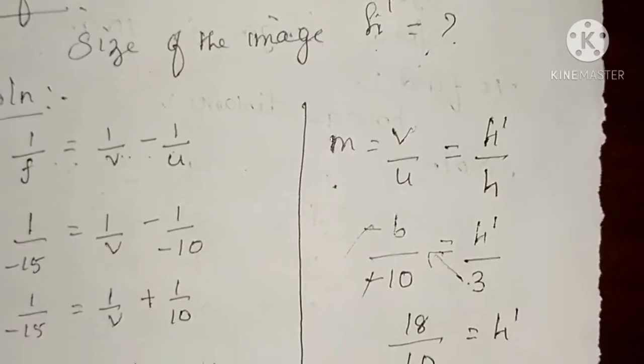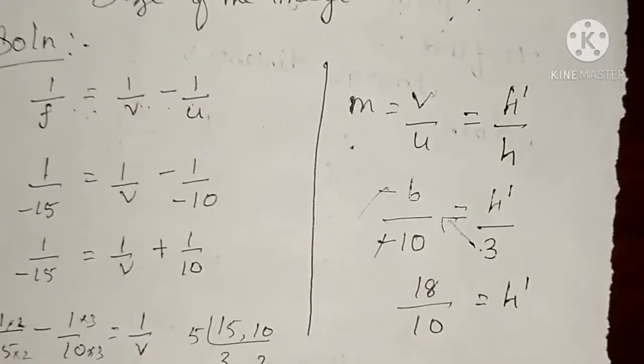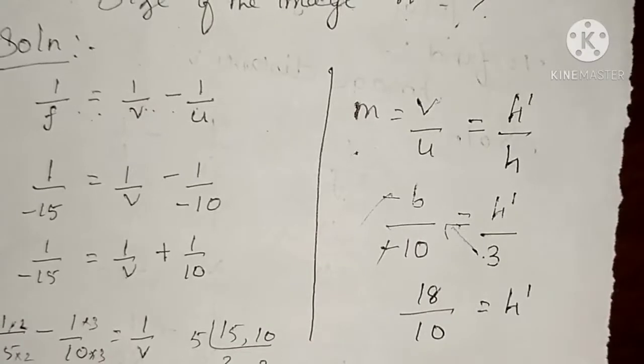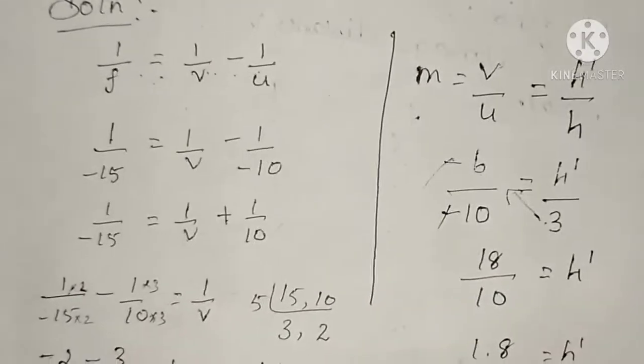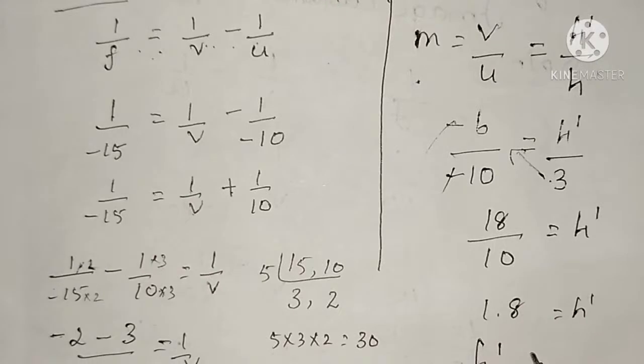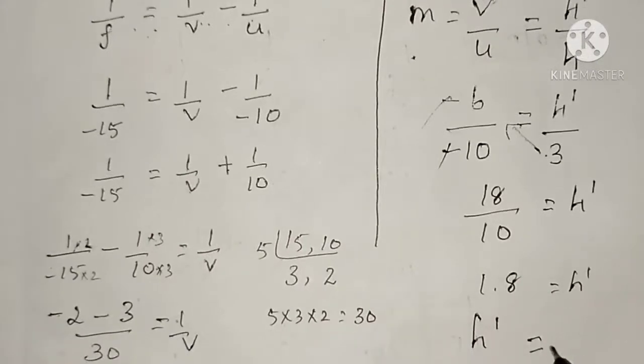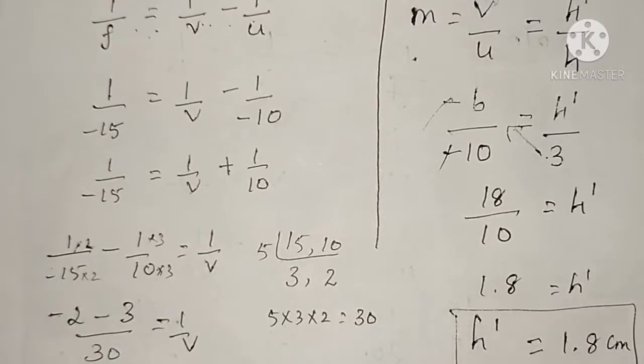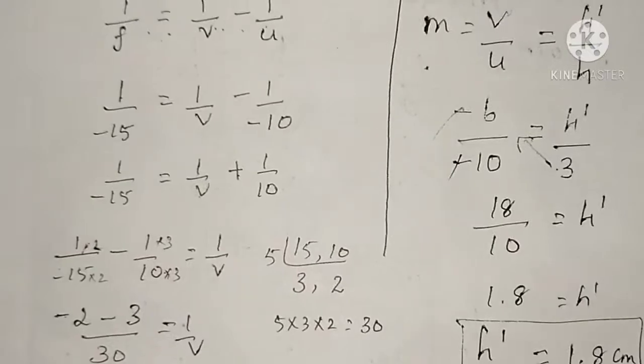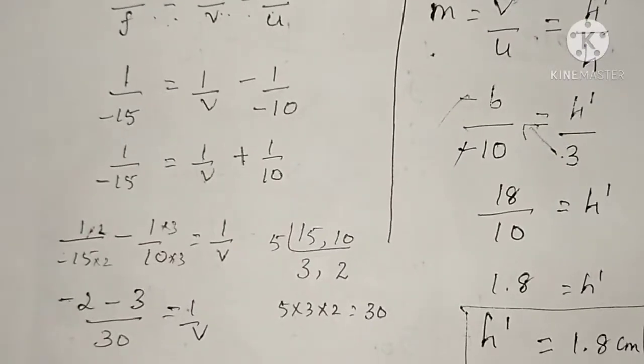If you divide, what will we get? 18 by 10 is equal to 1.8 centimeter. So the height of this image, h dash, is equal to 1.8 centimeter. This is the size of the image. Size of the image, how much? 1.8 centimeter.